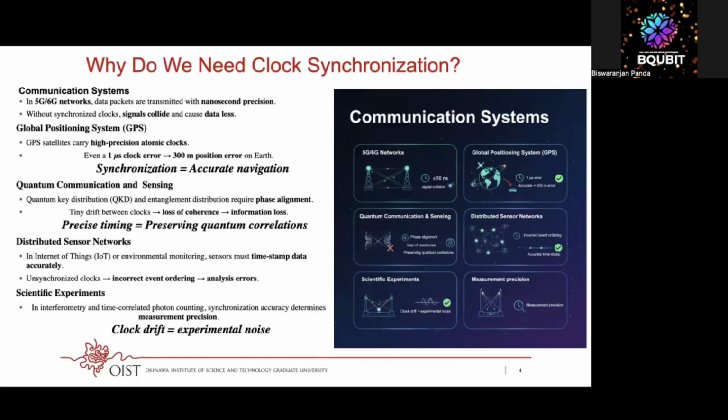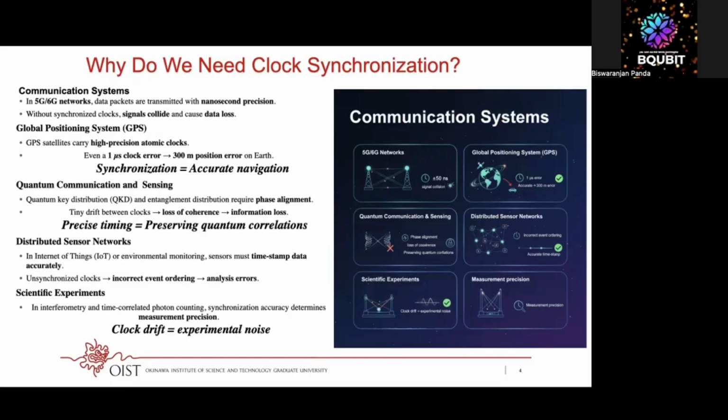If the two signals arrive at different times, suppose your clock and Alice and Bob's clocks are not synchronized, then your measurement data and his measurement data times are not aligned.